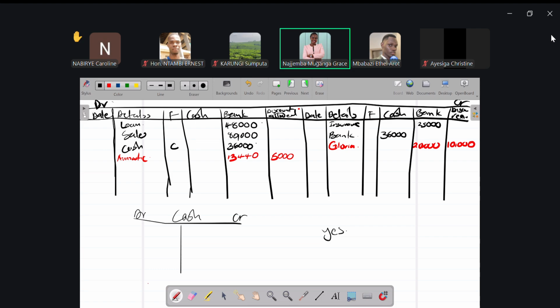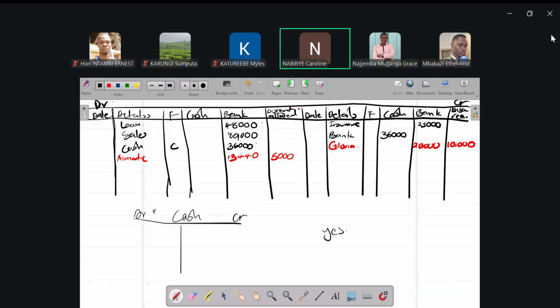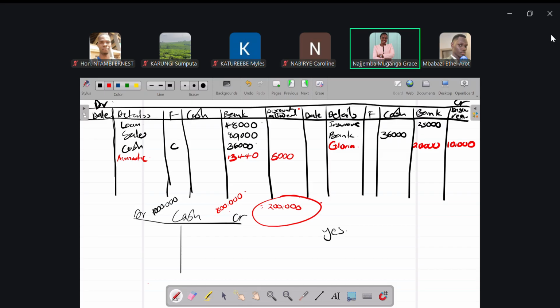You have said it all. When balancing off, we get the total on the debit. For example, if my total is 1 million, and on the credit, I have a total of 800. Total 1 million on the debit, 800 on the credit. Get the difference. 1 million minus 800, difference is 200. This one is posted on the side that is less to balance. Balancing means the amount here should be the same amount here.